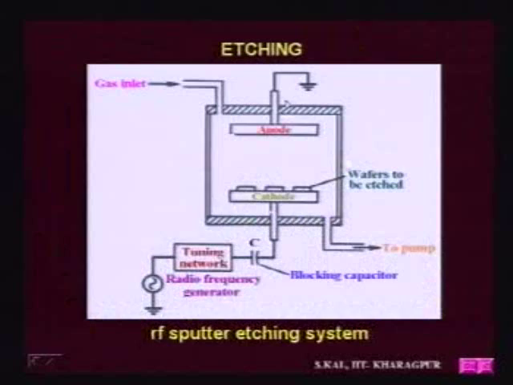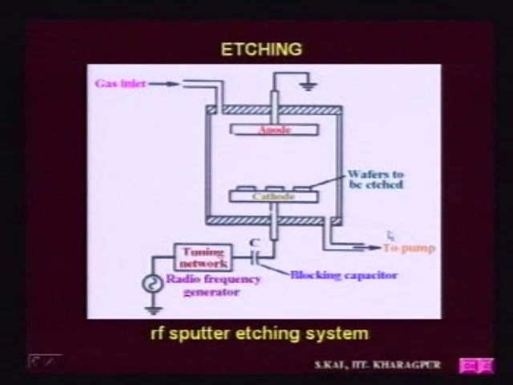Here also, the sputter etch parameters depend on the pressure inside the chamber, meaning the gas flow rate, the base pressure of the plasma chamber, RF power, and RF frequency.